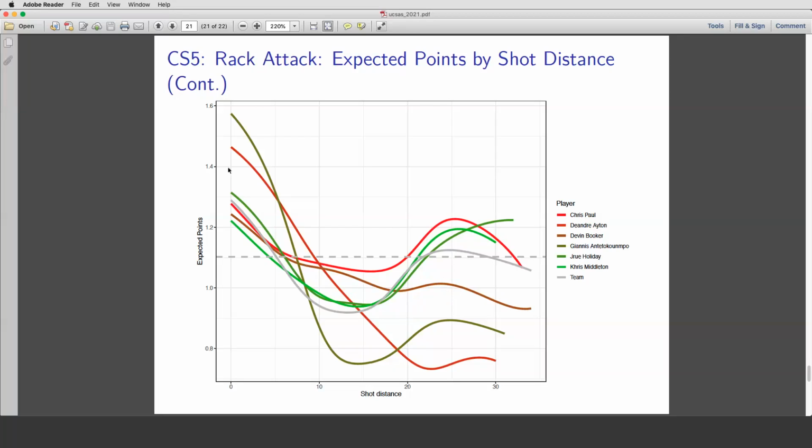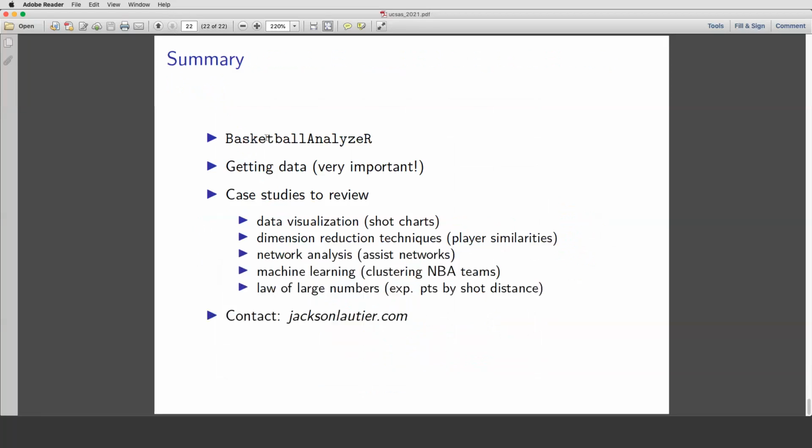So again, I think most people have some semblance of this kind of S shape from just listening to basketball, but here's a way to see it. And just to quickly wrap up, then I'll take some of the questions that I see in the chat here. This package, I think it's great, gets you up and running very quickly. Don't overlook getting data.